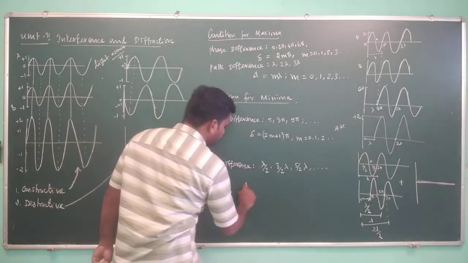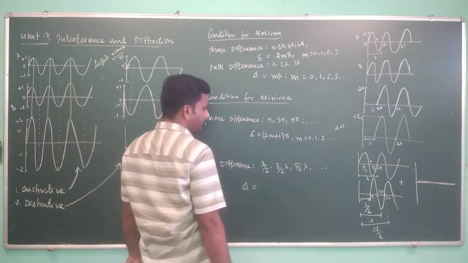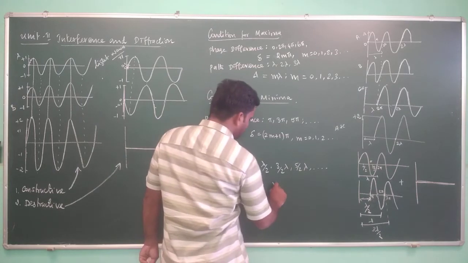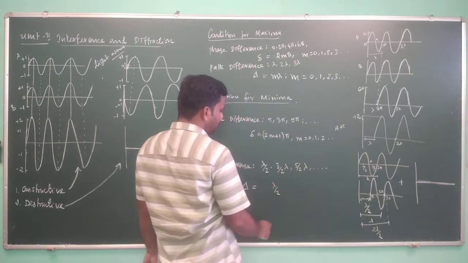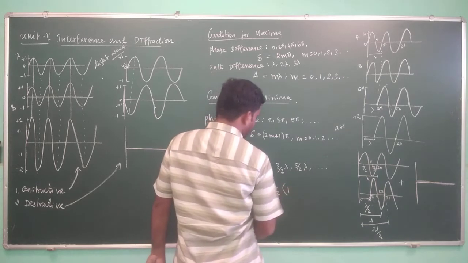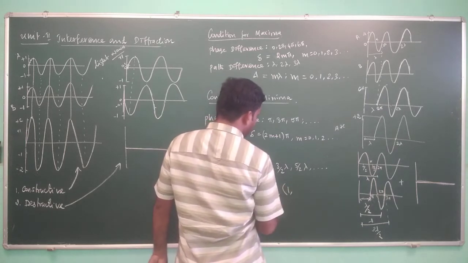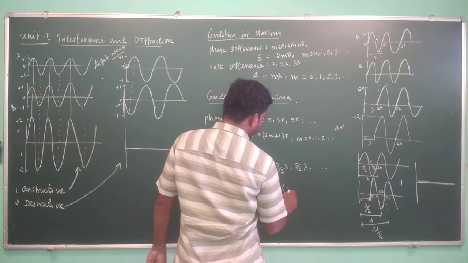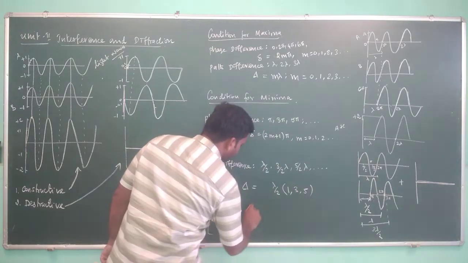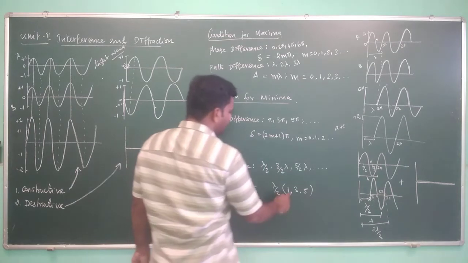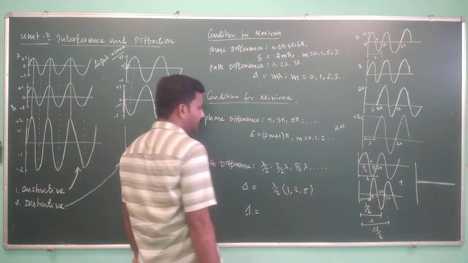So when the delta becomes, if you generalize this, in terms of lambda by 2, how can you write? This is 1, or this is 3 or 5, like this. So you can write delta equal to 1, 3, 5.